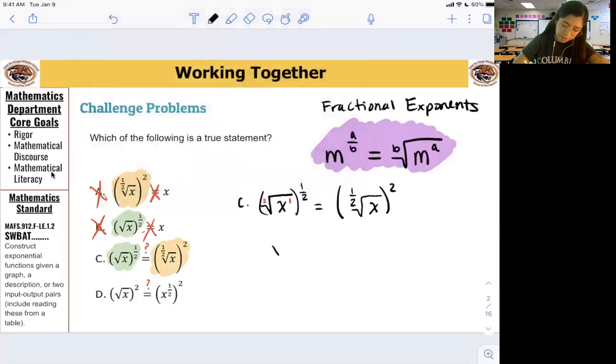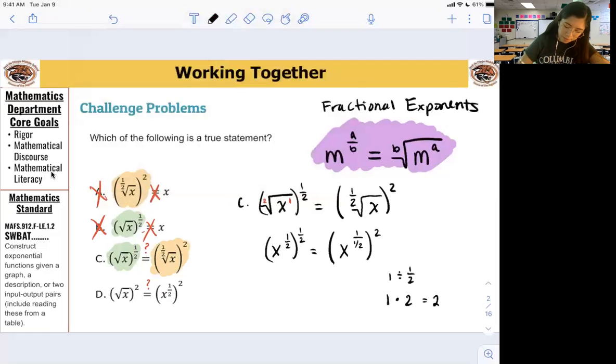So again, I get x to the power of 1/2 to the power of 1/2. Now on the right side, this was x to the power of 1 over 1/2. And we did this before. 1 divided by 1/2 is the same thing as 1 times 2. So that's 2.